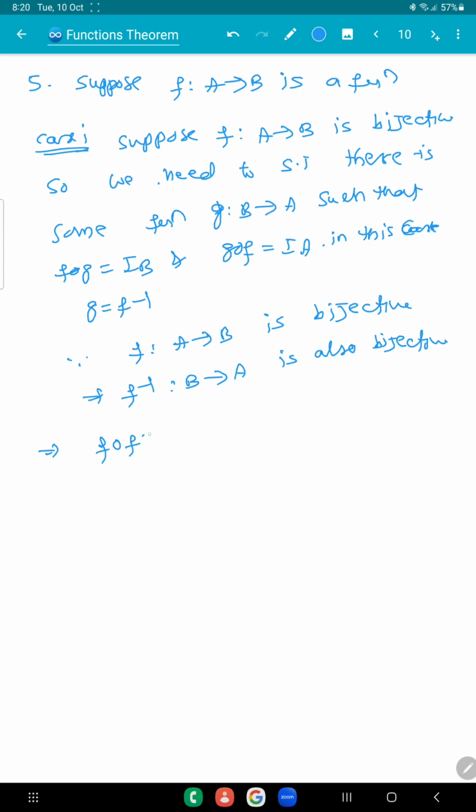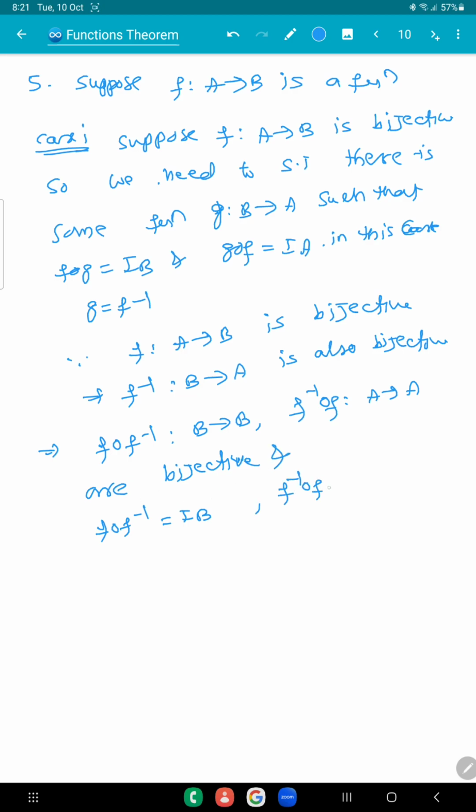That implies that F circle F inverse from B to B and F inverse circle F from A to A are bijective. From the above theorem, I think the fourth theorem, F circle F inverse is equal to identity function on B and F inverse circle F is equal to identity function on A.